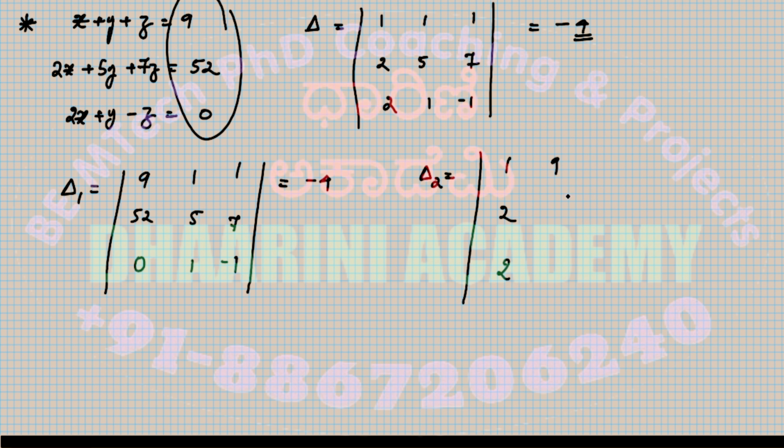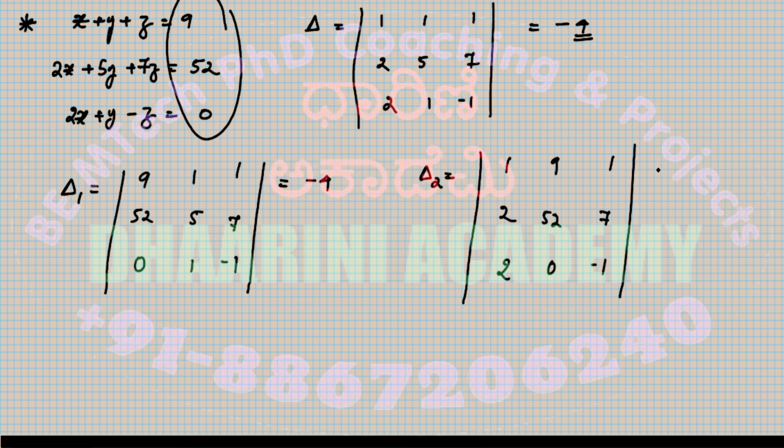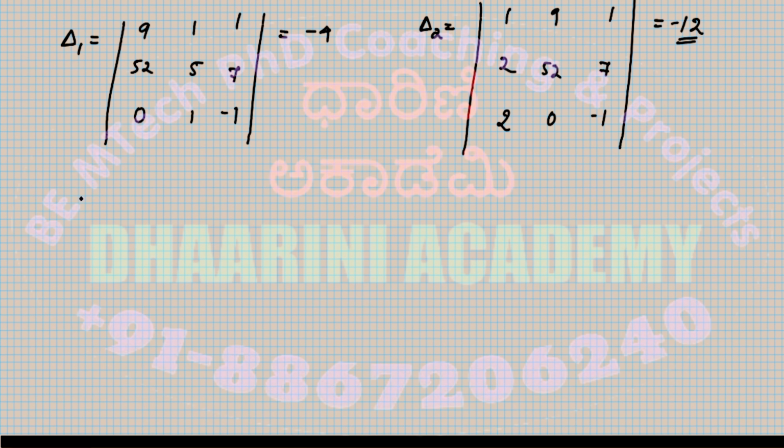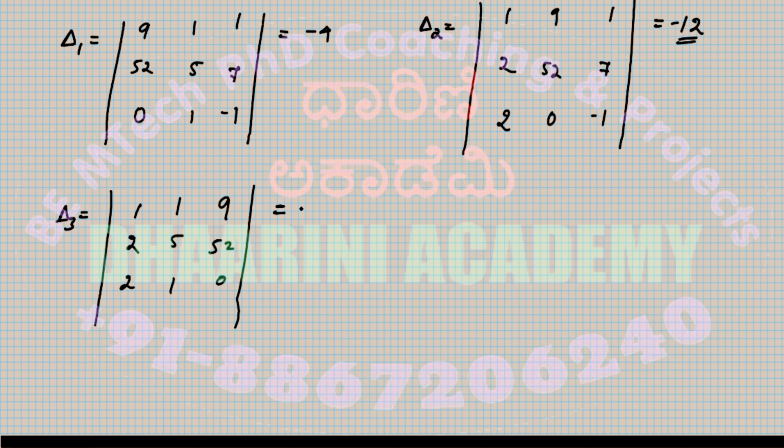Second column replace with 9, 52, 0. Third column as it is, 1, 7, minus 1. Let's go ahead and calculate delta 3, replacing the third column. So this is 1, 2, 2, 1, 5, 1, 9, 52, and 0. This is equal to minus 20.